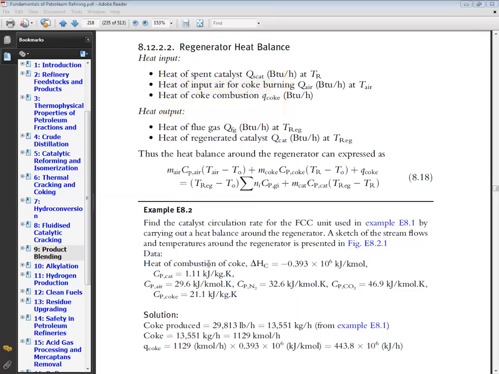Since the Cp value, I have informed you, is given in different units, if you put the heat balance equation like that, you cannot find the mass flow rate in kg per hour.